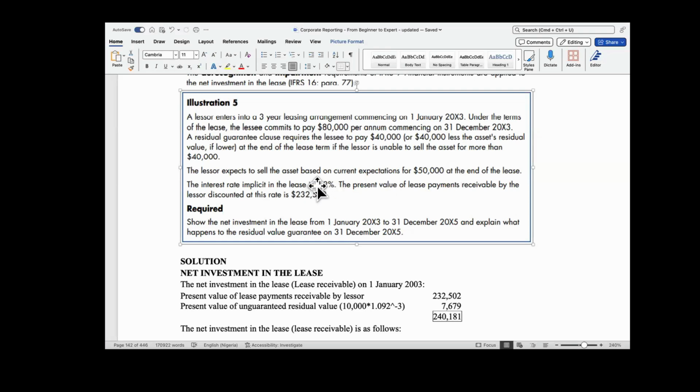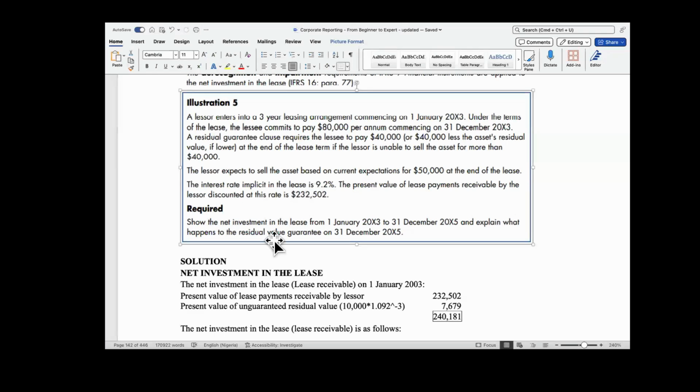So they give us the interest rate implicit in the lease of 9.2%. And they also give us the present value of lease payments receivable at 232,000. We are asked to show the net investment in the lease.